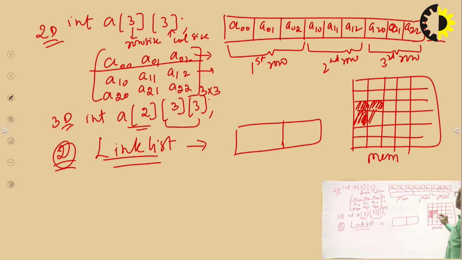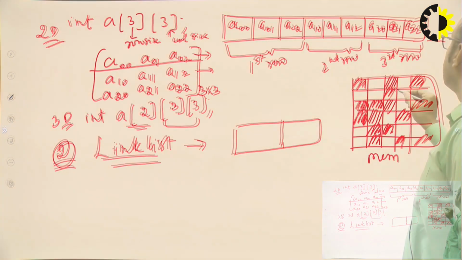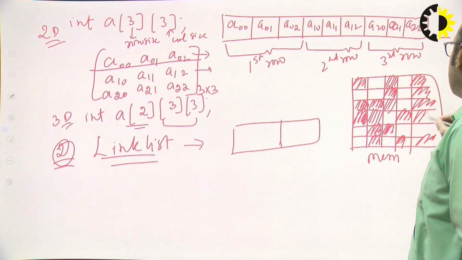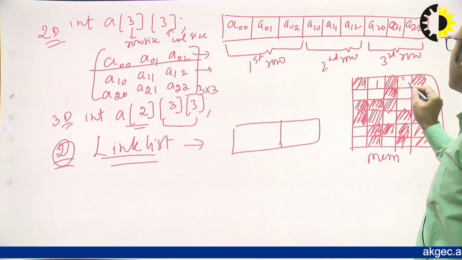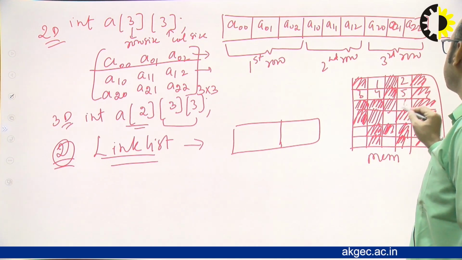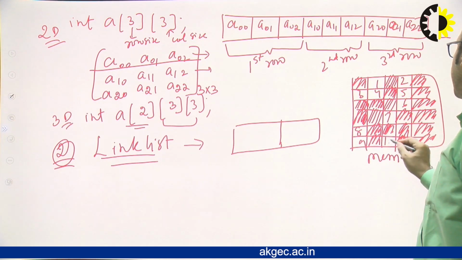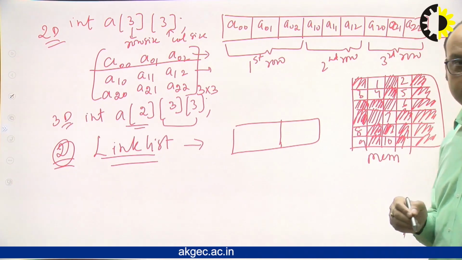This dark line tells us that this space is filled up, and the white blank represents free memory. For example, I want to keep some elements, 1, 2, 3, 4, 5, 6, 7, 8, 9, 10. I want to keep 15 elements.